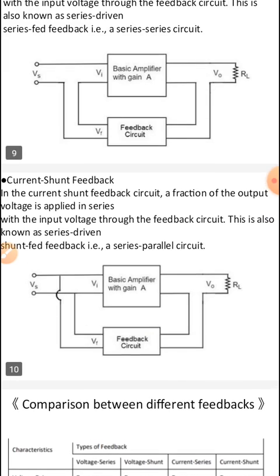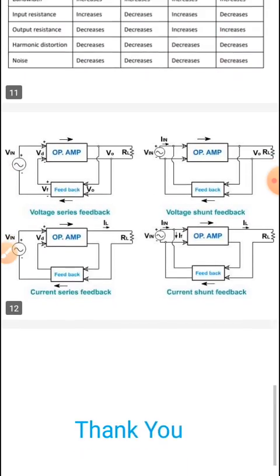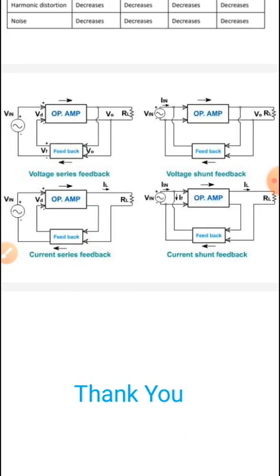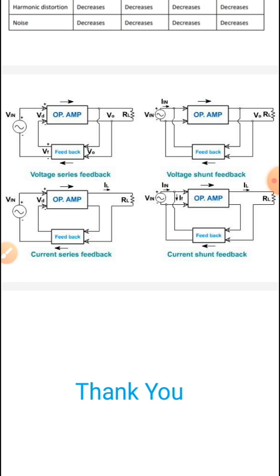Let us look at the same block diagrams, as it is an easy way to see the difference between them. In voltage series feedback, the input side is in series and the output side is in parallel.